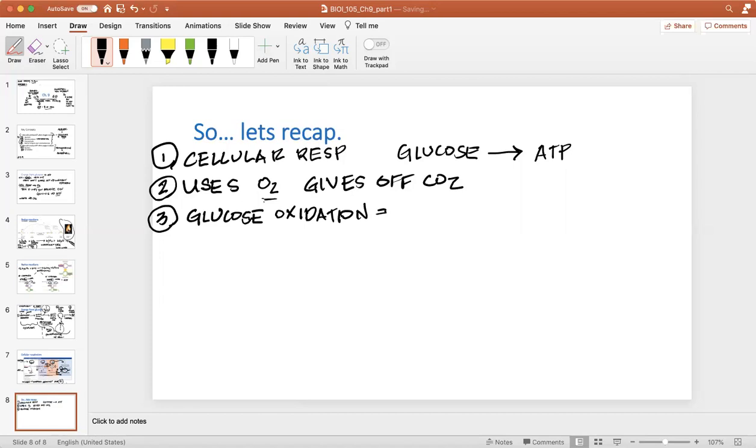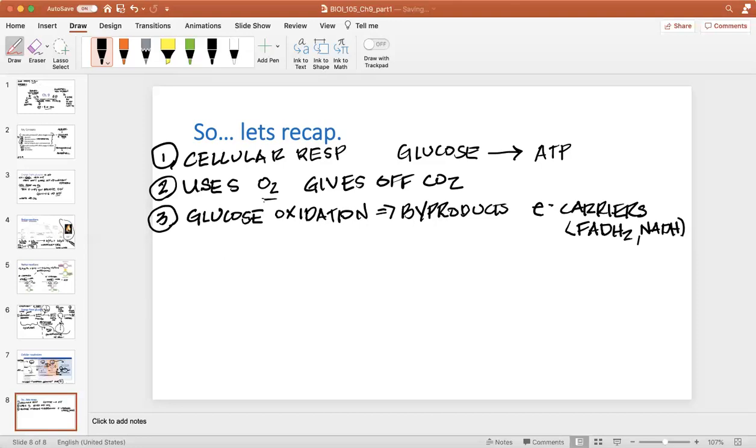And those byproducts are those high energy electron carriers. And those electron carriers were FADH2 and NADH.